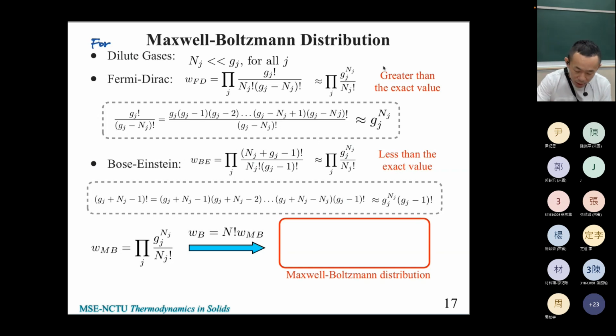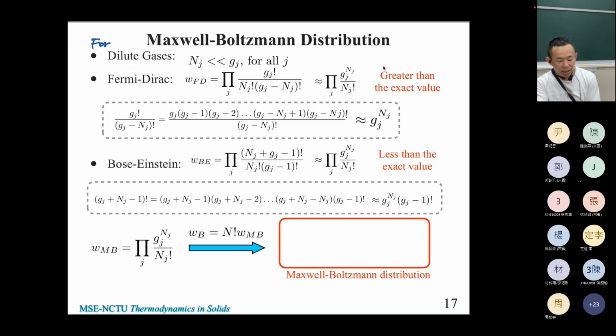We said GJ in the 1 liter of helium, right? Remember that this is dilute gas. GJ is much greater than NJ. So when you talk about dilute gases or ideal gas, all we need to do is make GJ much greater than NJ.